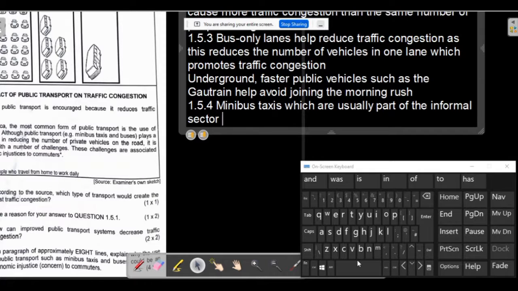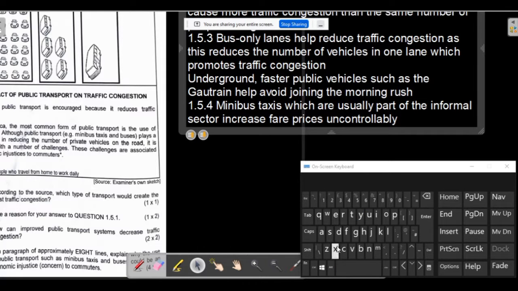They increase fare prices uncontrollably, as they are not regulated by the government.